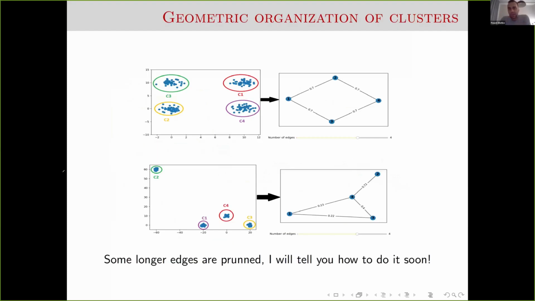And after pruning some of the edges, we shall be able to see that the filtration of edges for those 2 cases are different. And therefore, even though both cases have 4 clusters, we are looking at something with different geometrical layout.